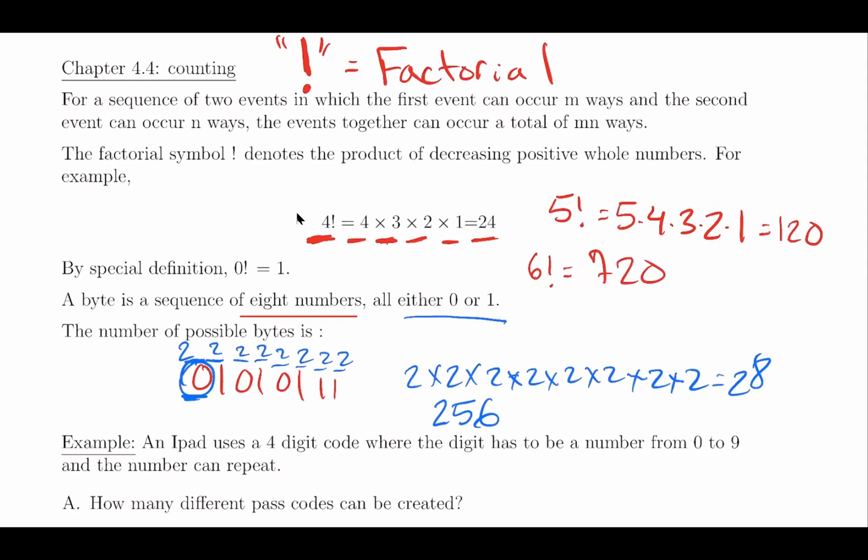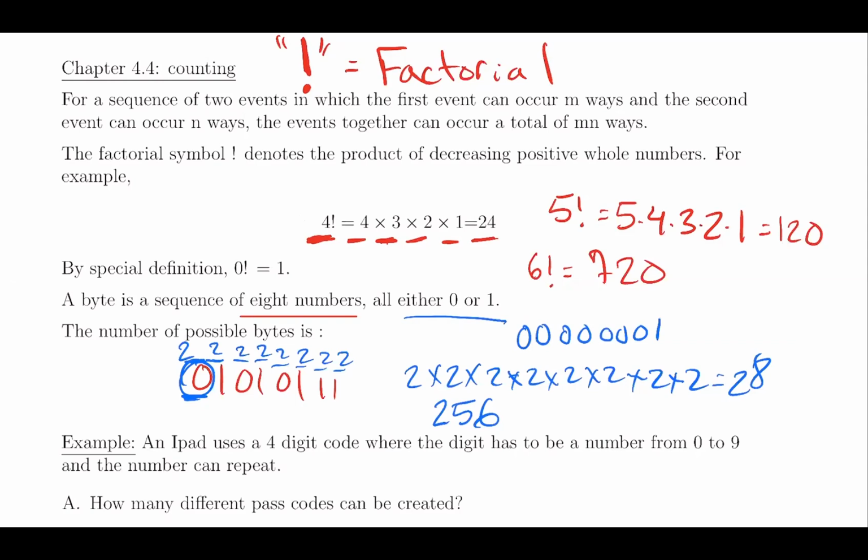So that means there's a total of 256. One of the options could be 0, 0, 0, 0, 0, 0, 0, 1. That's one of the options. So the 256 is telling me I have 256 different options I could choose from. Everybody good for that last round?